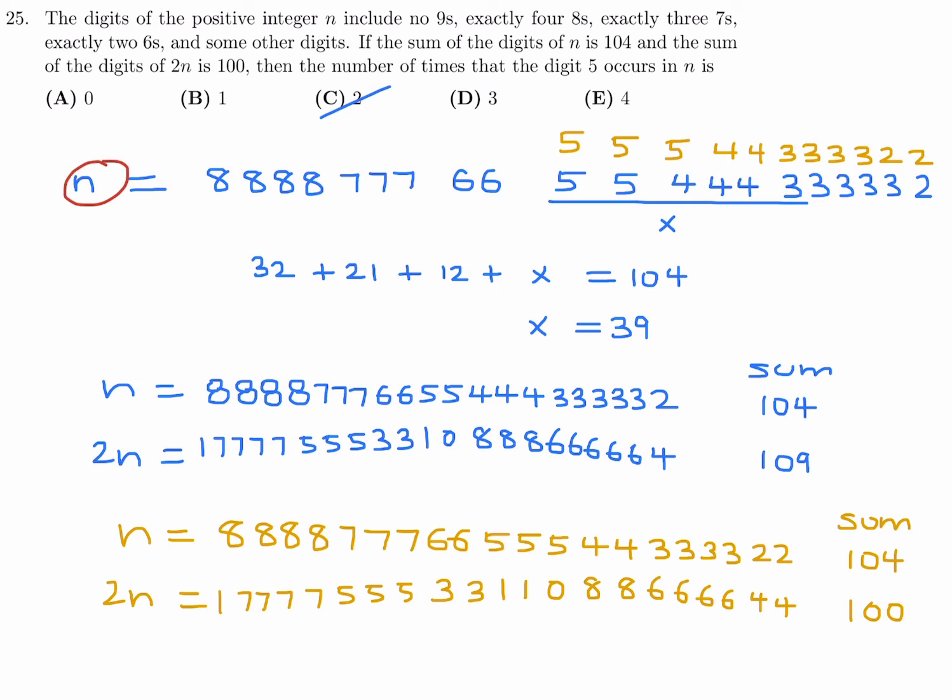Well, this is my n, and through trial and error I found that if I put 5 3 times, it ends up to have a sum of 100 when I take 2n. So in a non-scientific way, we found the answer to this question, which is 3 for number 25. Therefore, that is choice D.